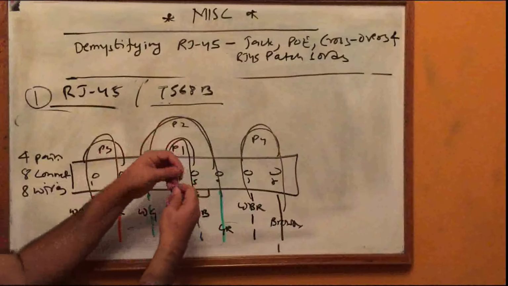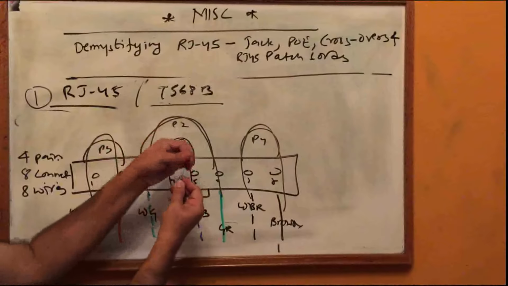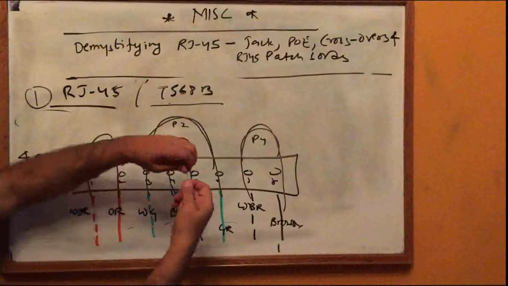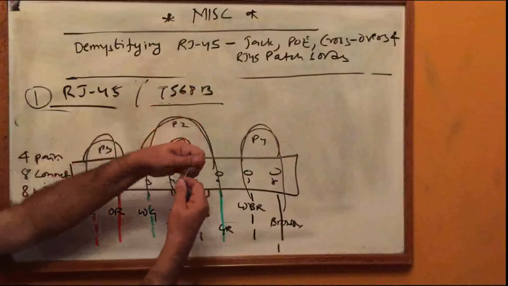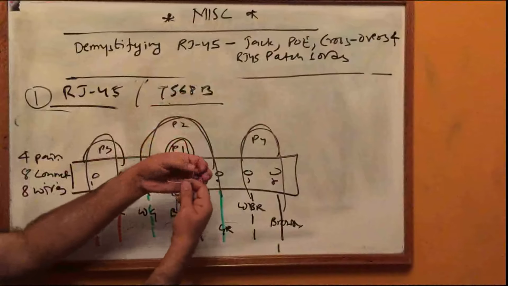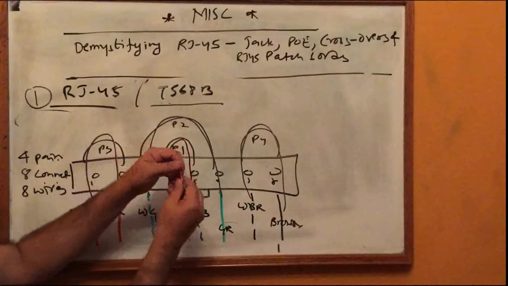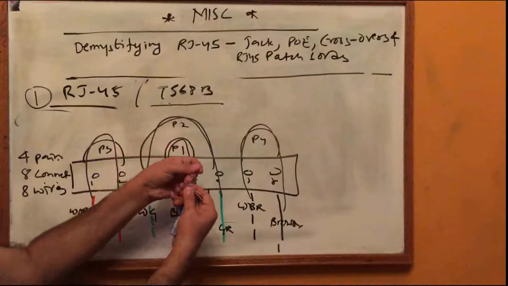If you look at this, we have white green, a little shade of green and a white, and a solid green, right? Then we have blue, like this, blue white. There is a little shade of blue and white, and there is a solid blue. And here you have the brown cable. It's called brown white, and brown, right?